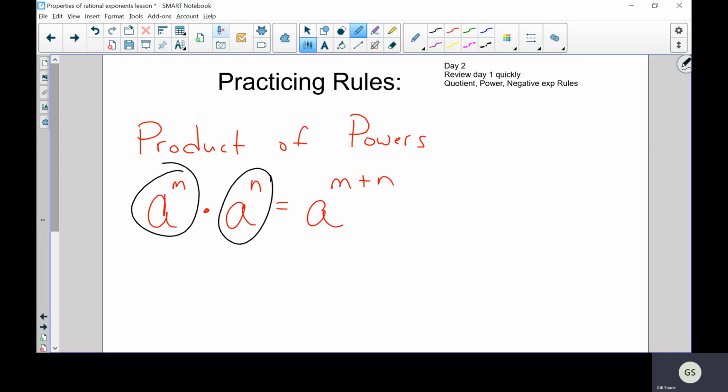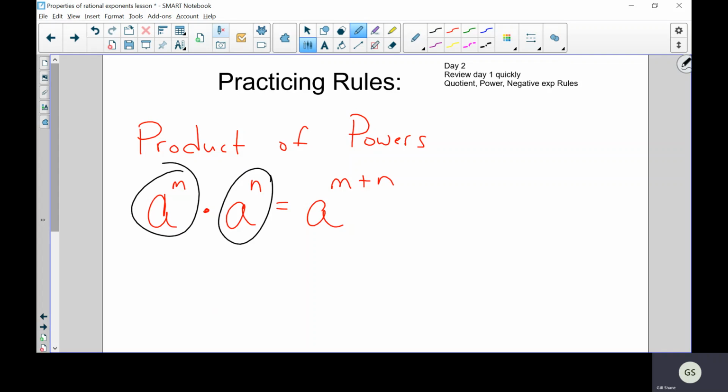So the rule is telling you, once you know you have multiplication and then same base, all you do is add the exponents together. You keep the base the same, do not change the base, and you get m plus n. So our final answer would be whatever m plus n would be. We just add them together, and the base stays the same.